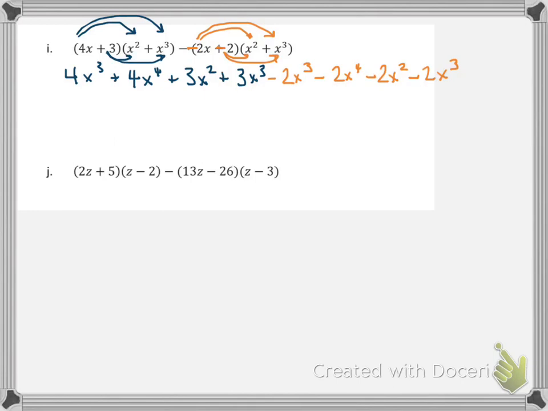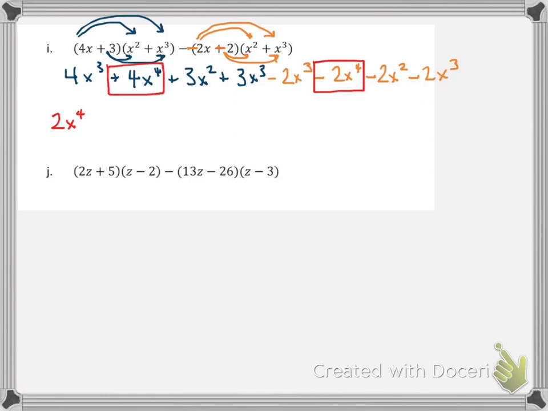Okay, now I can combine like terms. So if I look for all of the x to the fourths first, I've got 4x to the fourths. Here is a negative 2x to the fourths. So that leaves me with 2x to the fourths.